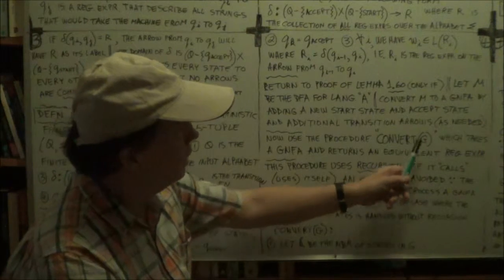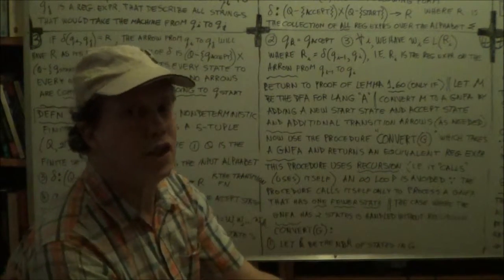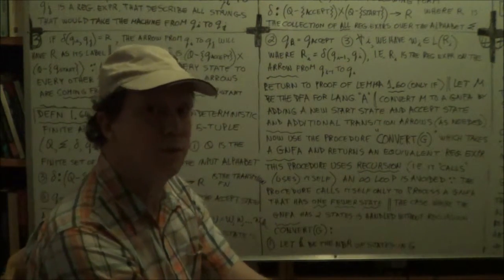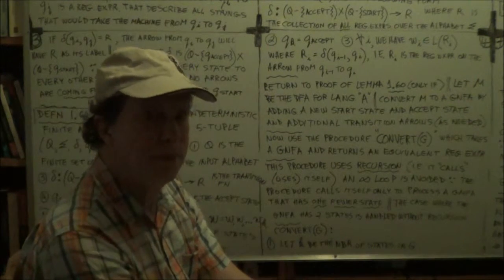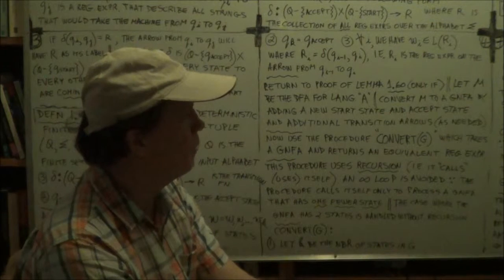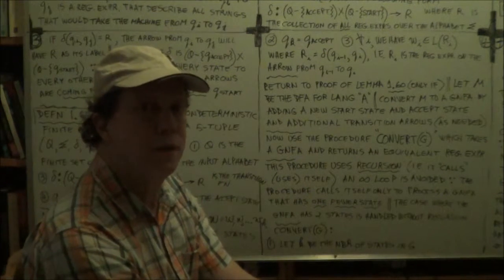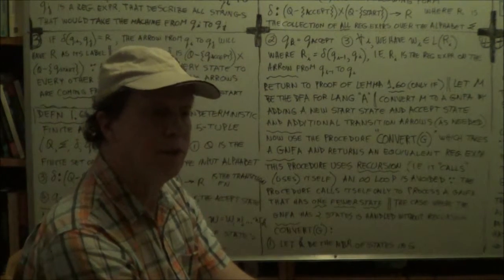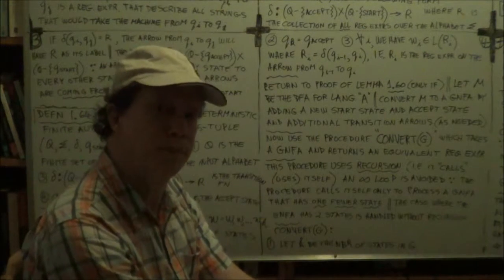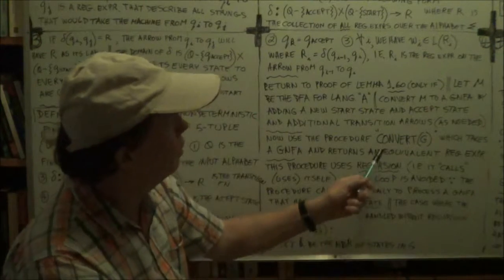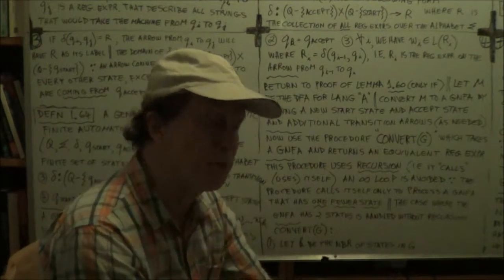It will take a GNFA, a formal description of a GNFA, and as output, it will deliver the equivalent regular expression. Okay? So in a sense you could look on convert as a kind of function, and that's your input, and as output would be the regular expression.